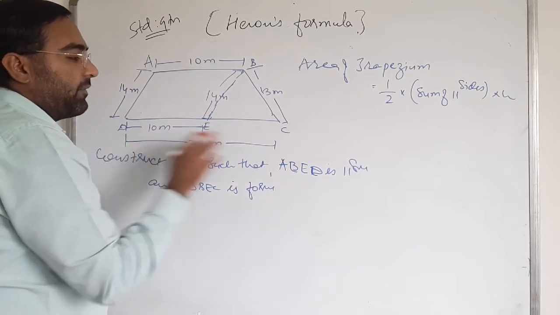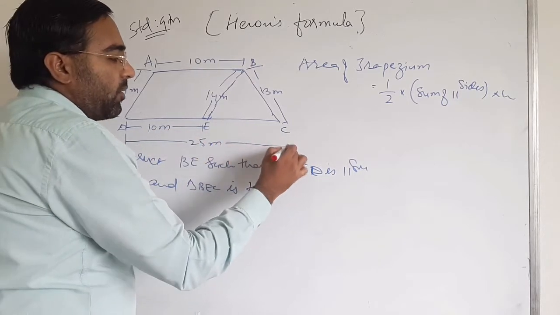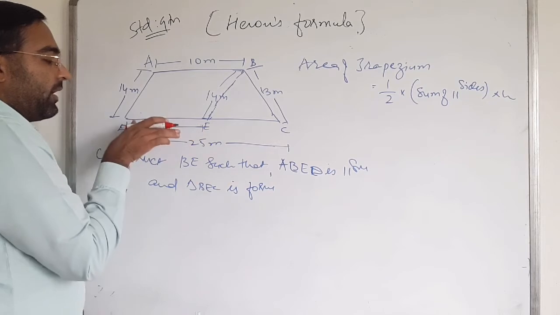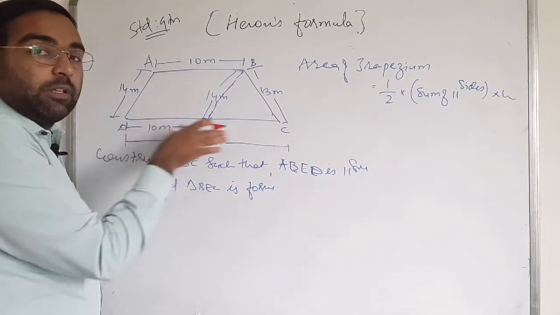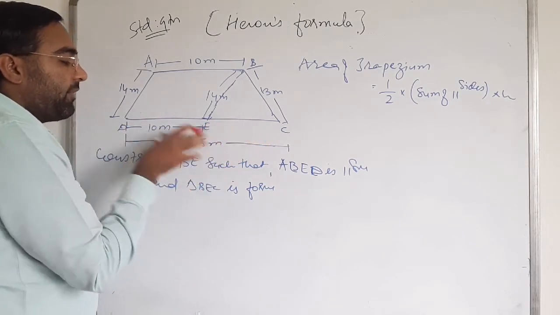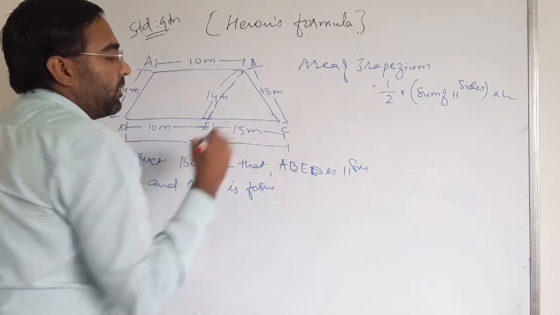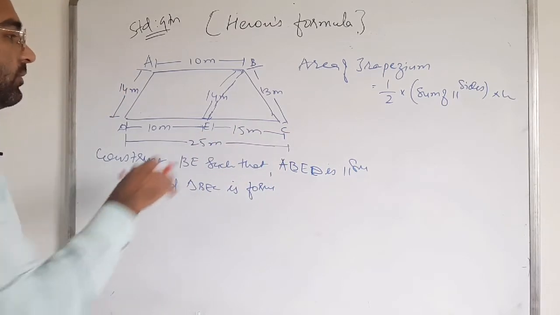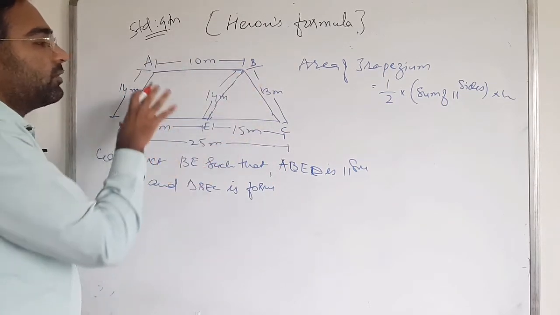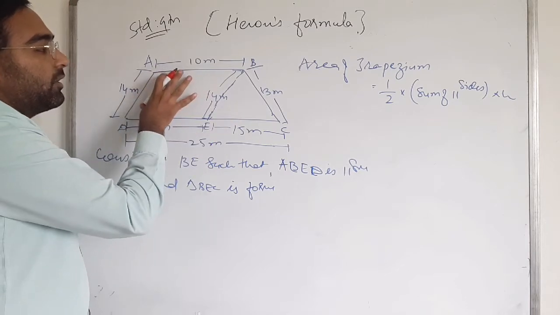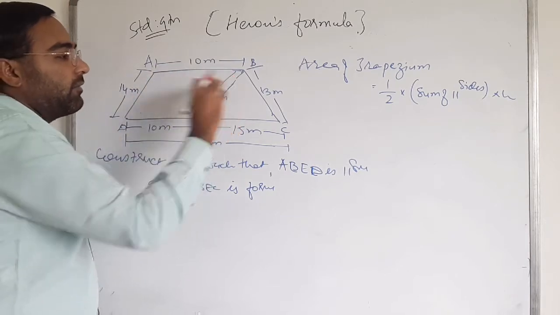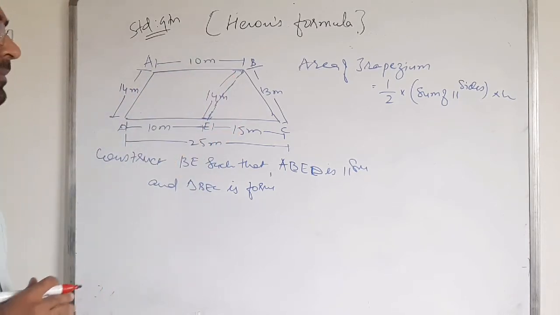CD is given as 25 meter and DE is 10 meter. So what is the measurement of EC? That is 25 minus 10, that is 15 meter. Clear? So I'll divide the figure into two figures, one parallelogram and the other a triangle.